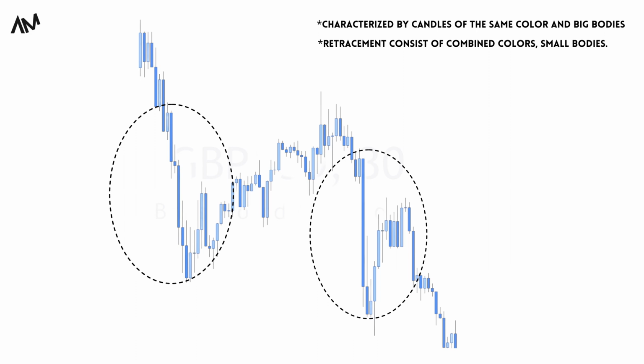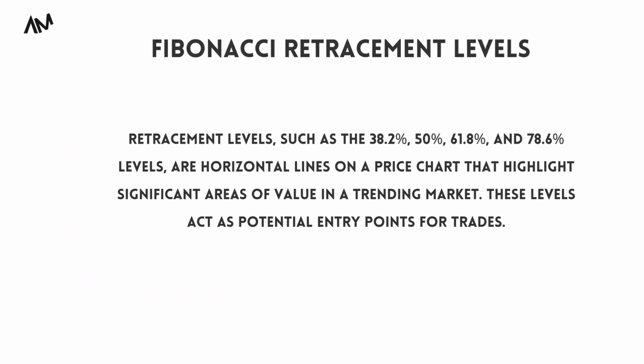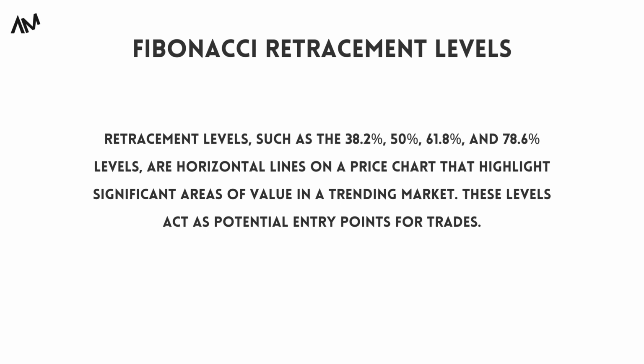And this is where Fibonacci retracement levels come into play. Fibonacci retracement levels are horizontal lines placed on a price chart to indicate areas of value during a trending market. The main retracement levels are 38.2%, 50%, 61.8%, and 78.6%, which can serve as potential trade entry points.